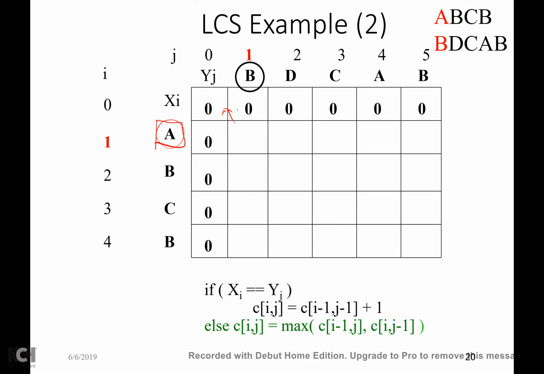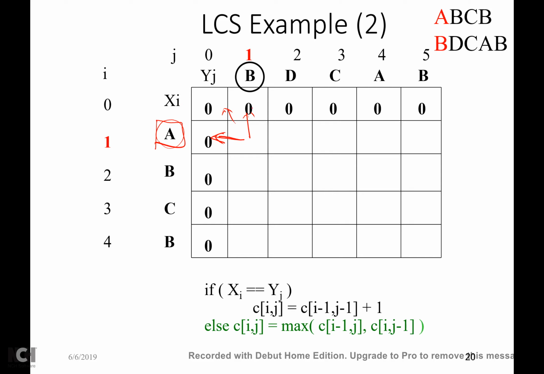In this case, A and B are not the same, and then we pick up the maximum from this side or this side, right? If you choose this side, it corresponds to mapping the whole xi with yj minus 1.